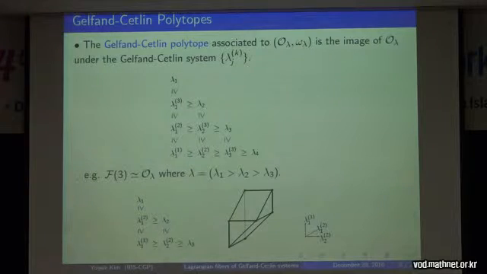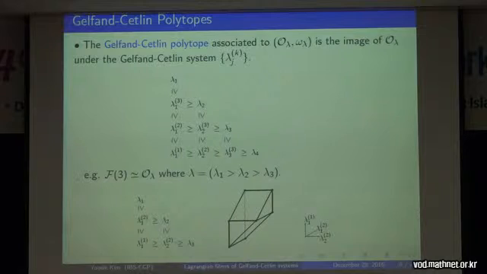Let's think about the half-spaces given by these inequalities in some Euclidean space and take their intersection. Then you can define some polytope in R^n. And one linear algebra exercise says that such a pattern can be realized as some Hermitian matrix, so we can fill up the whole polytope. So the image is just the polytope given by these inequalities.